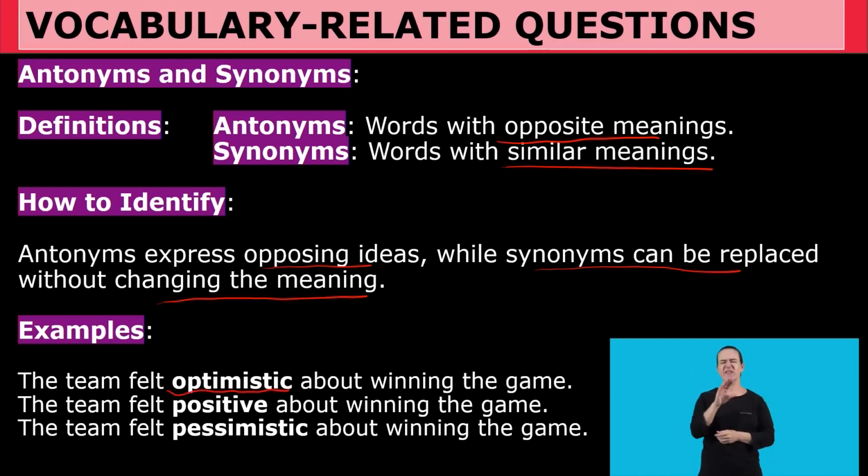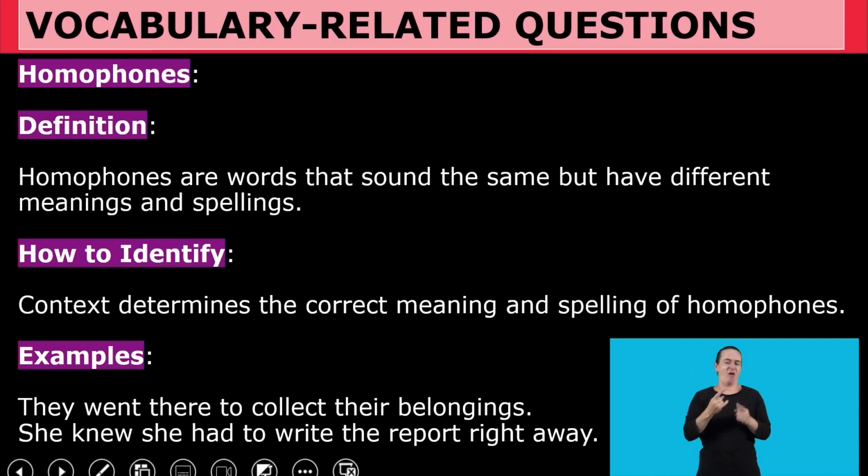If you were asked to replace optimistic with a suitable synonym, the word positive could be fitting and won't change the meaning of the sentence. The team felt positive about winning the game. If you were asked to replace optimistic with an antonym, the word pessimistic would fit into the sentence perfectly. The team felt pessimistic about winning the game.